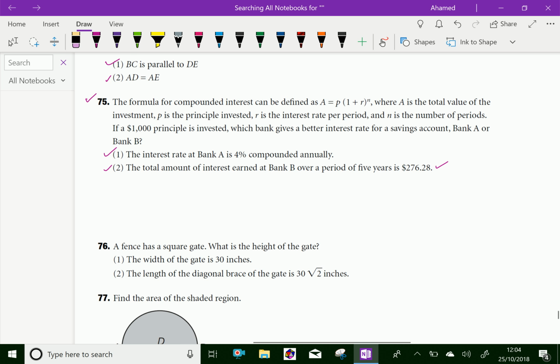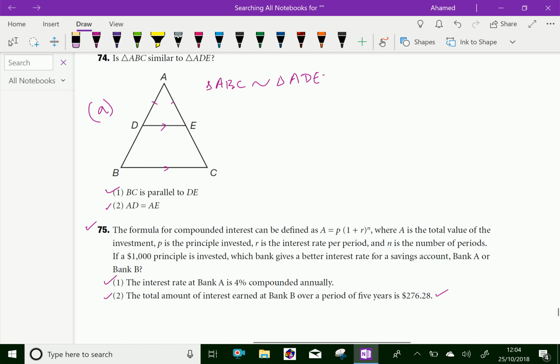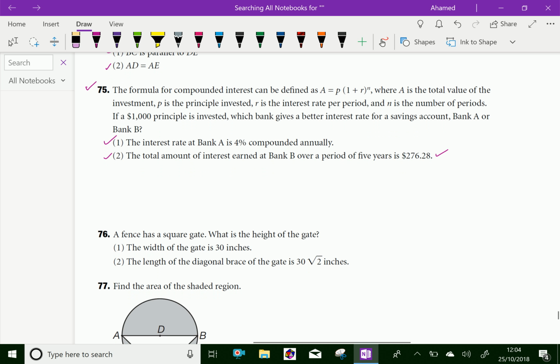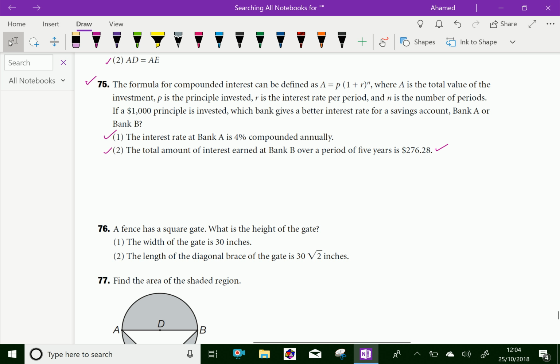So the option is C, meaning by using statement 1 and statement 2 together we can get the answer to this question. You have to apply the values in the formula, then we can get the required information.